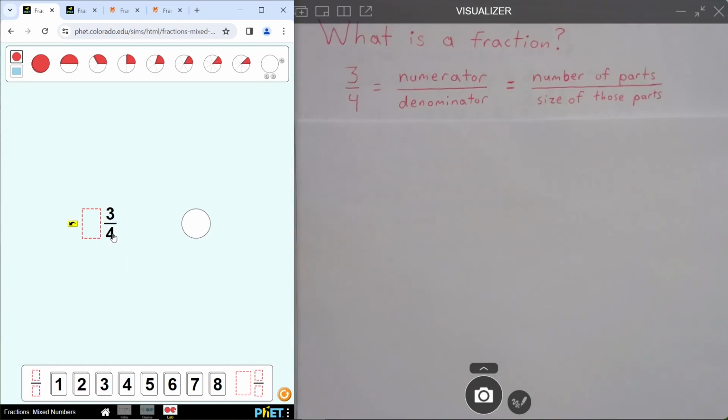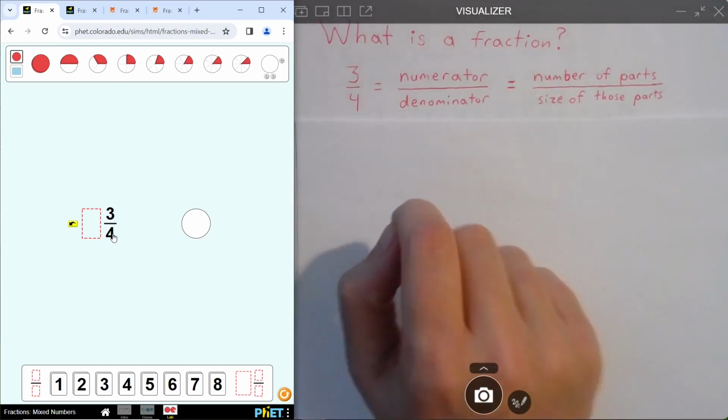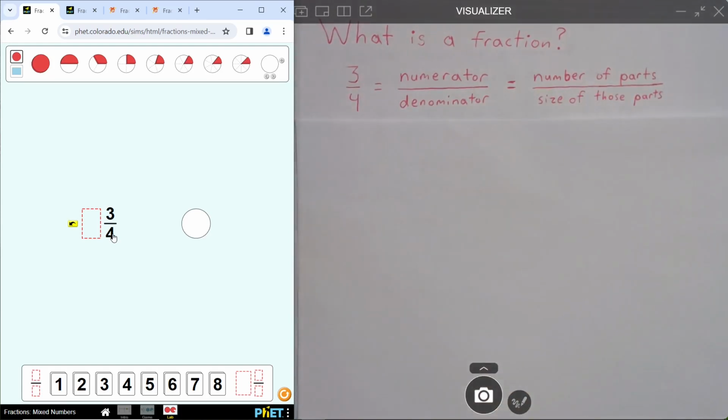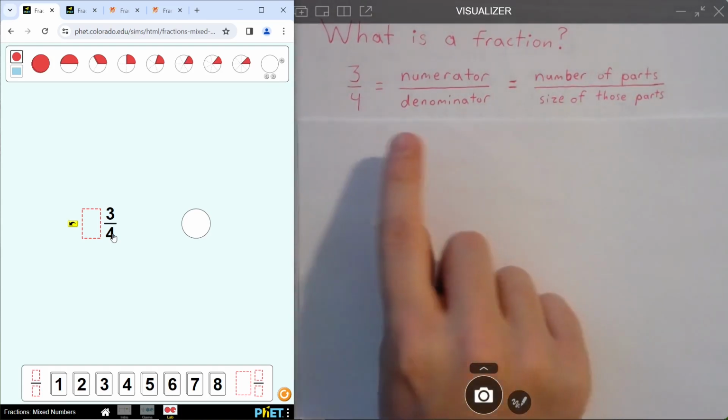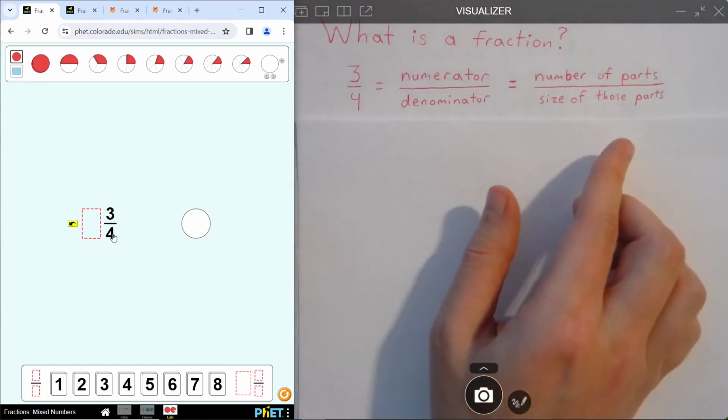Then we figure out what the numerator means and what the denominator means. The numerator, or top part of a fraction, the 3 in this example, represents the number of parts in that fraction, while the denominator, the 4 in this example, represents the size of each of those parts.